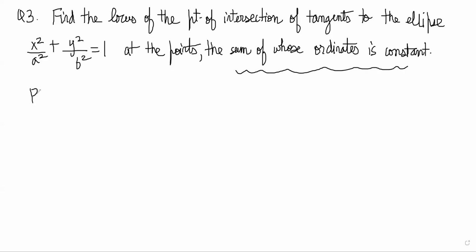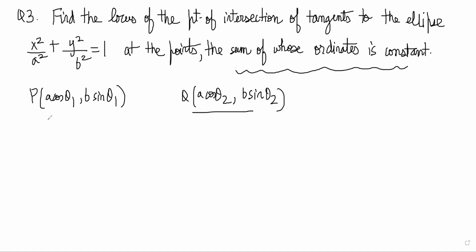So let's take the points as P, a cos theta 1, b sine theta 1, and Q, a cos theta 2, and b sine theta 2. We have to find the point of intersection of tangents at P and Q, where we know that b sine theta 1 plus b sine theta 2 is constant.